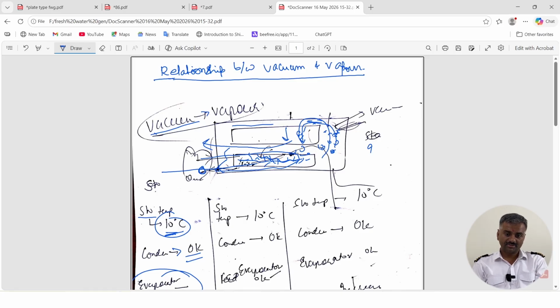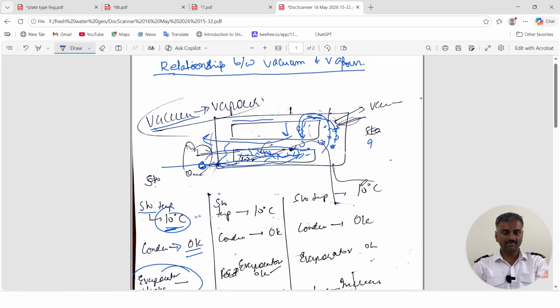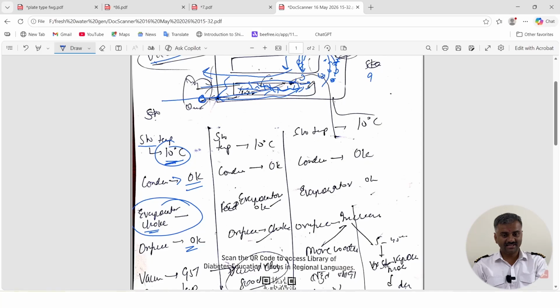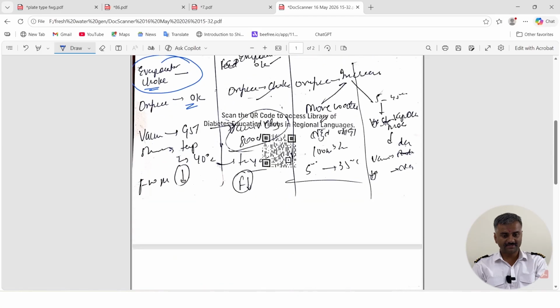No, certainly not. If your vapors are being produced and consumed in the right quantity, and there is no vapor accumulation inside here, the vacuum will not fall. In this case, what will happen? Because the condenser is condensing everything that is coming in its path, the vacuum will be very good, actually 95% vacuum.